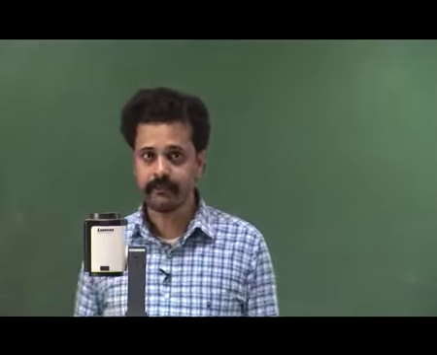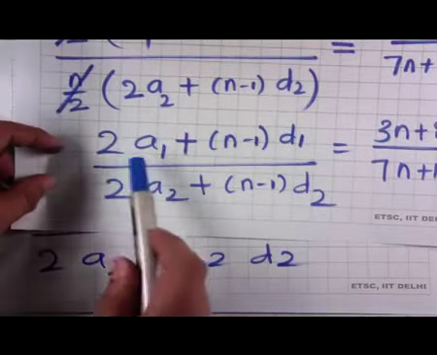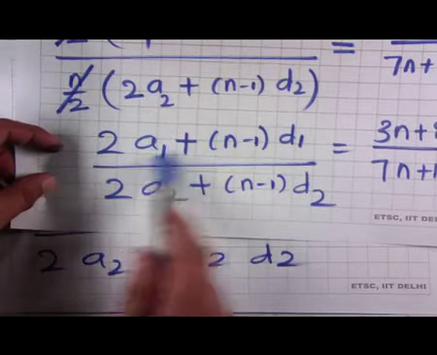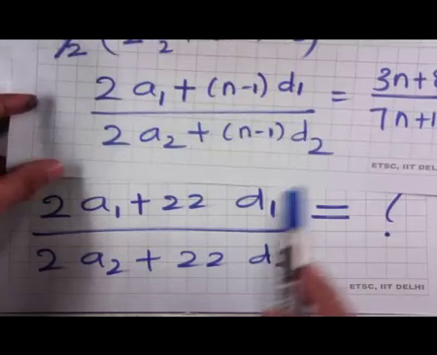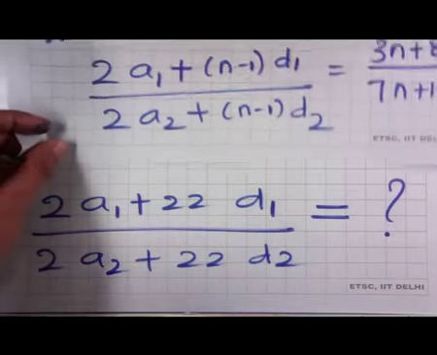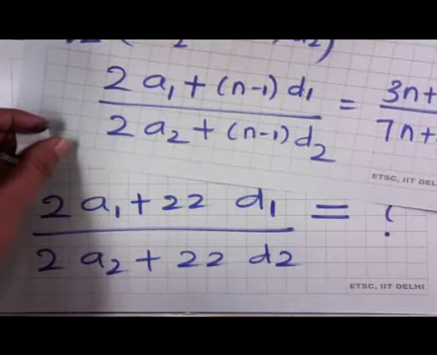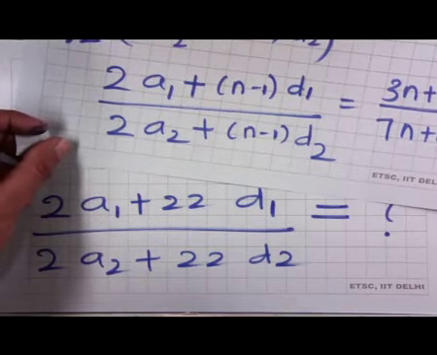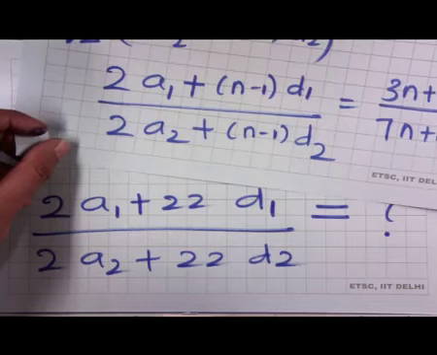Now, see what we have. What we have is the ratio of 2a1 plus n minus 1 into d1 with 2a2 plus n minus 1 into d2. In place of n minus 1, we need 22. That is, n is equal to 23.